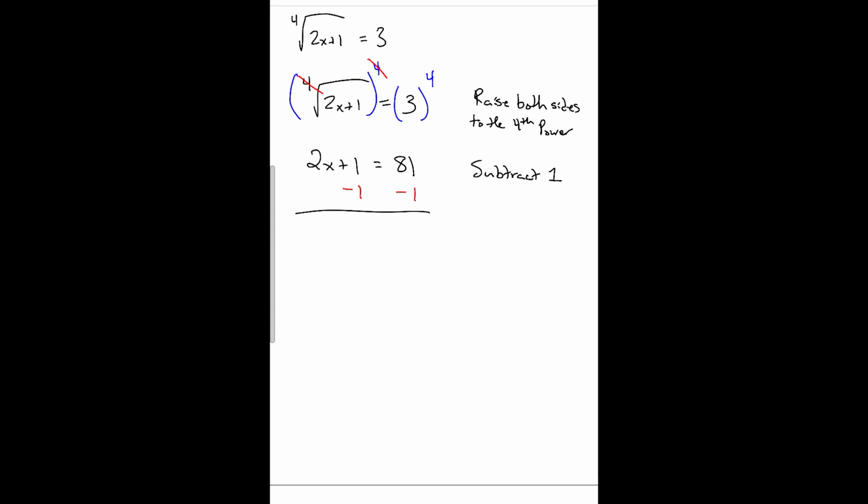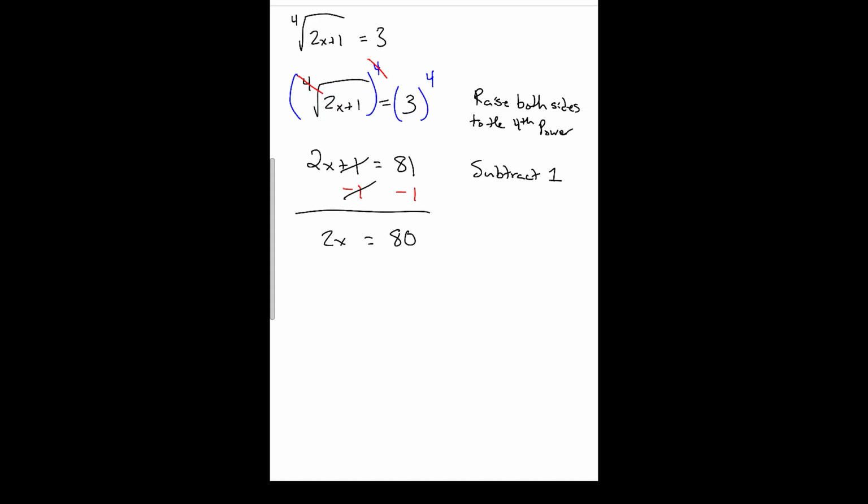That would give us 2x, the 1's cancel out, equals 81 minus 1, which gives us 80. So now we would divide both sides by 2 because we have a 2 times x, which means we have to break up that multiplication. Opposite of multiplying is dividing.